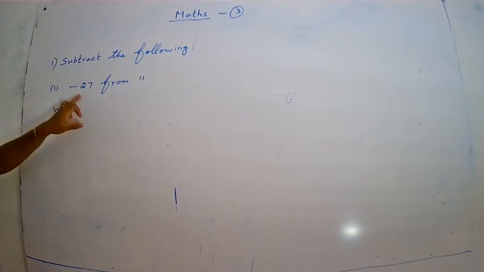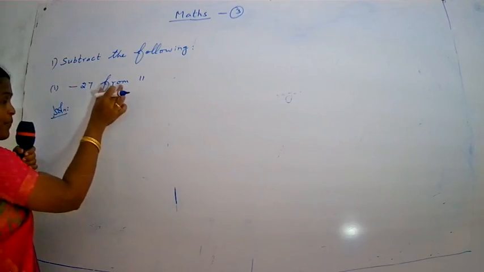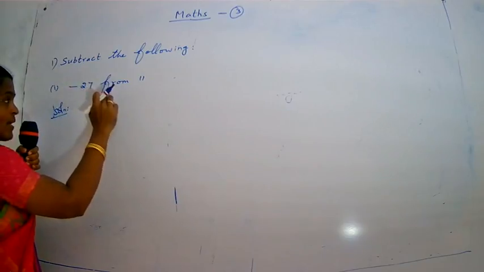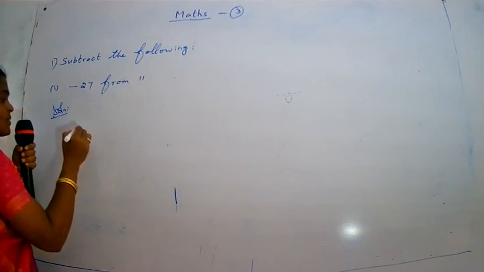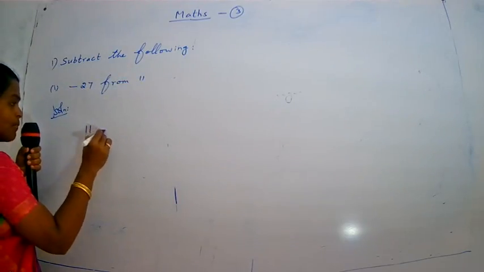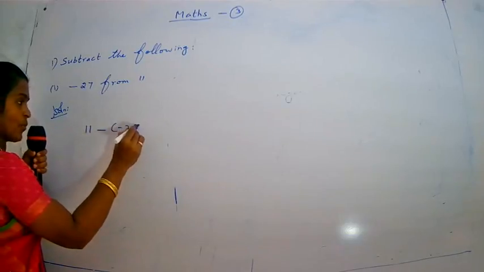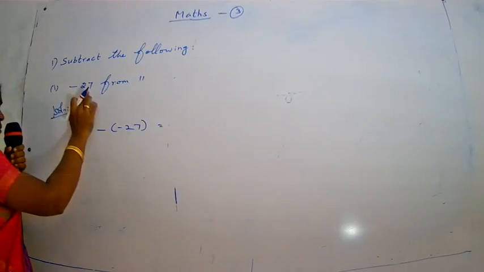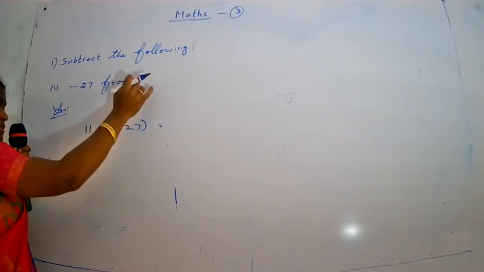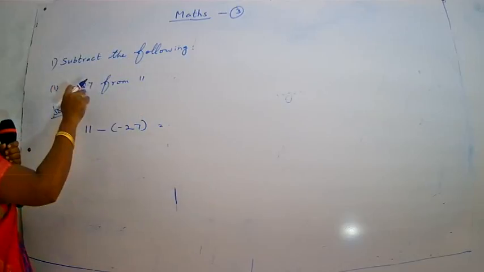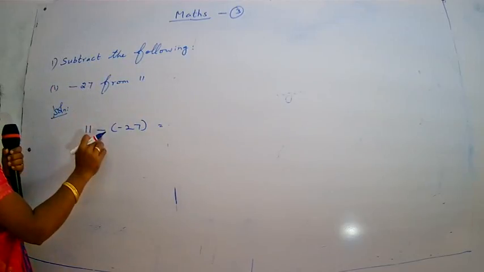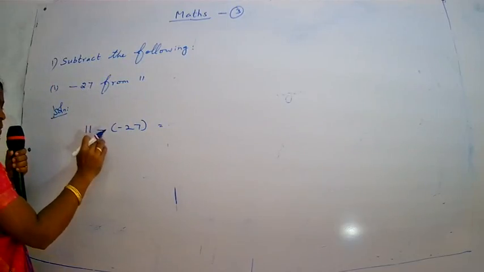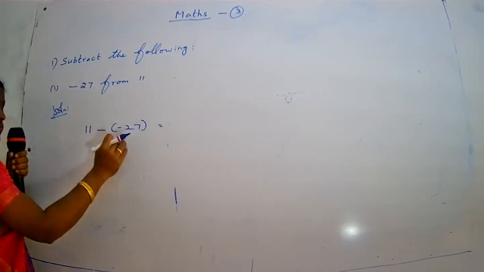So, minus 27 from 11. Okay, so 11 minus of 27. Is it correct? Writing is very important. Minus 27 from 11. From 11 we have to subtract minus 27. Okay. So 11 minus of 27.